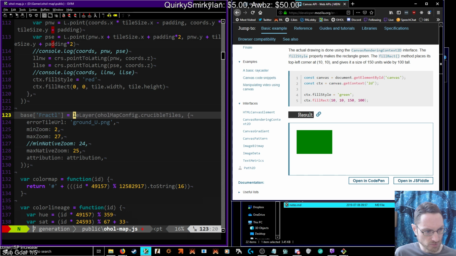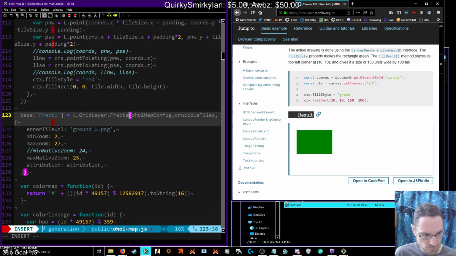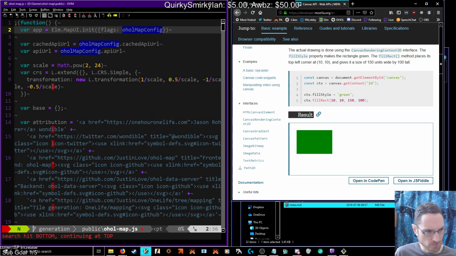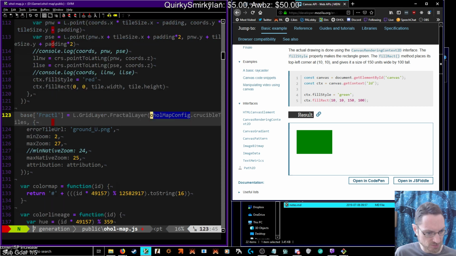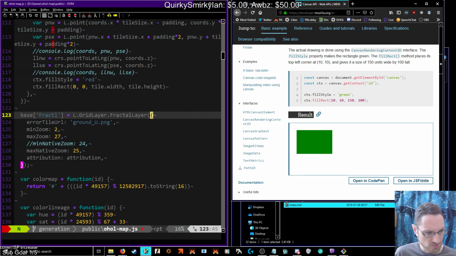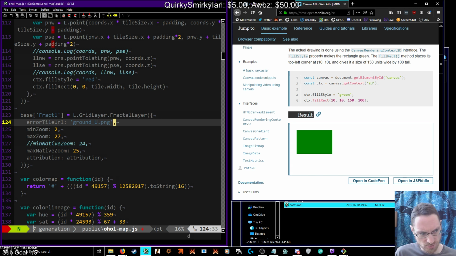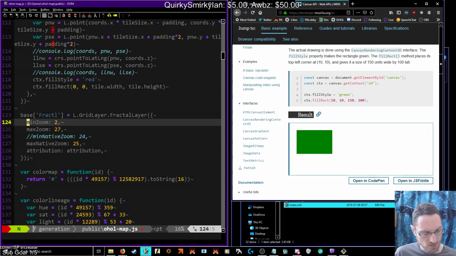We didn't really make a function for this. Oh, map config. Oh, because we had URLs to the tiles. So you probably just get options. Oh, you don't get error tile URL. Now this one doesn't have any.